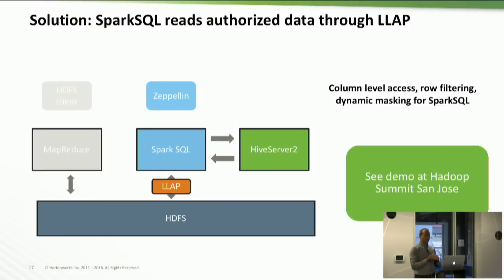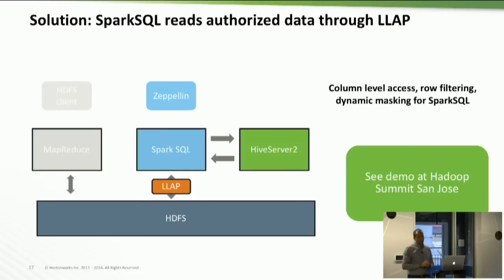So not only can you have row and column level security, you can also have masking. Imagine you have a table and one column is social security number, and you have multiple groups, say admins or marketing, and you don't want marketing to see the social security number. You can create a policy through Ranger saying that when marketing people are querying this table, show the data in the SSN column as masked.